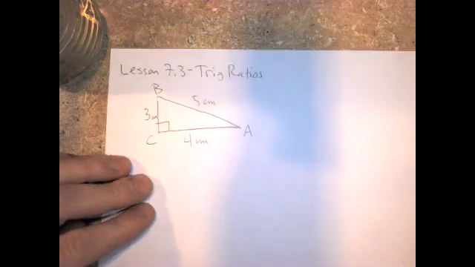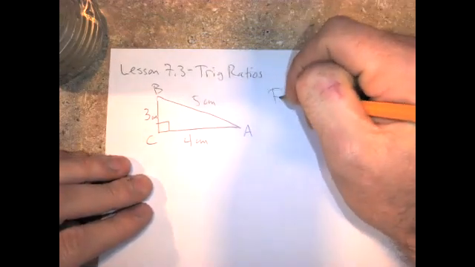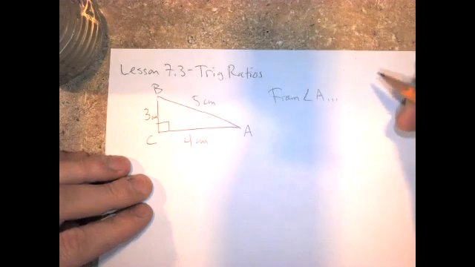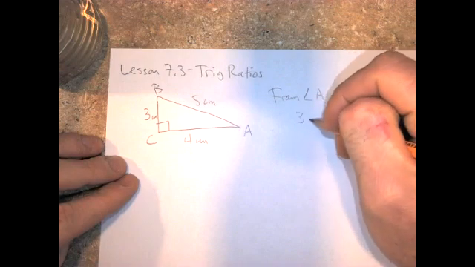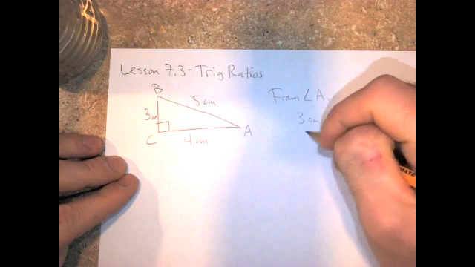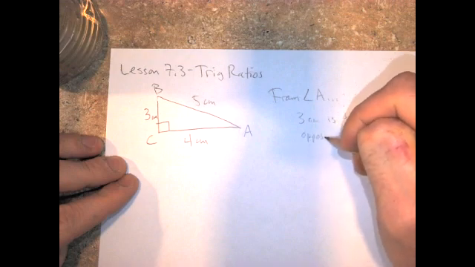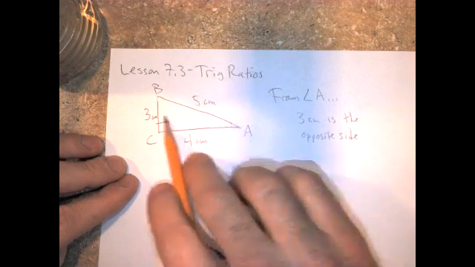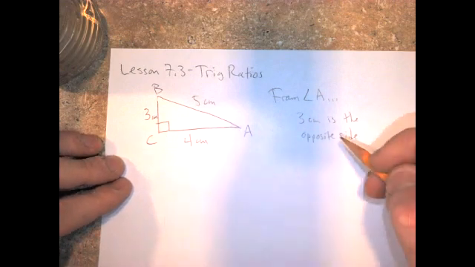Okay, so from angle A, 3 centimeters is the opposite side.